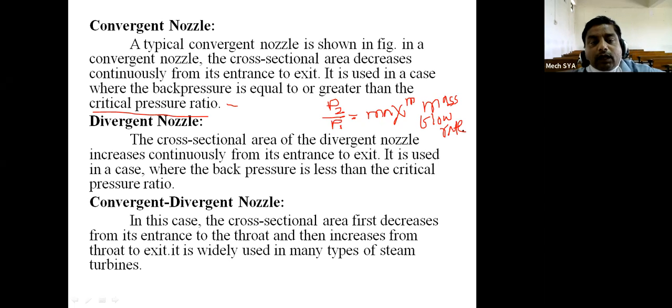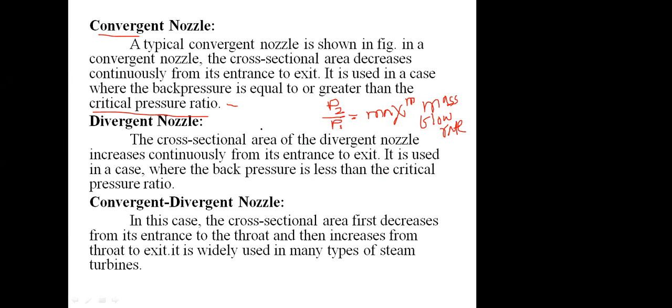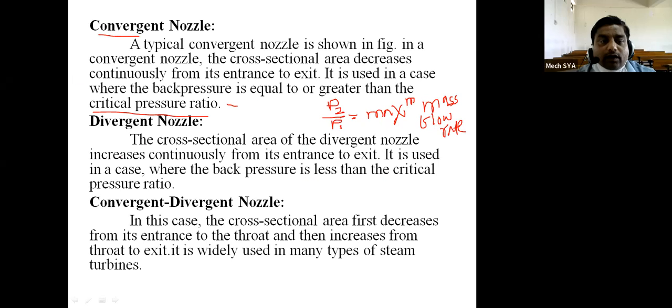When the back pressure, meaning P2, the outlet pressure, is greater than or equal to the critical pressure ratio, then we have to use this convergent nozzle. We will calculate afterwards. Divergent is exactly the opposite. The cross-sectional area of a divergent nozzle increases continuously from entrance to exit.